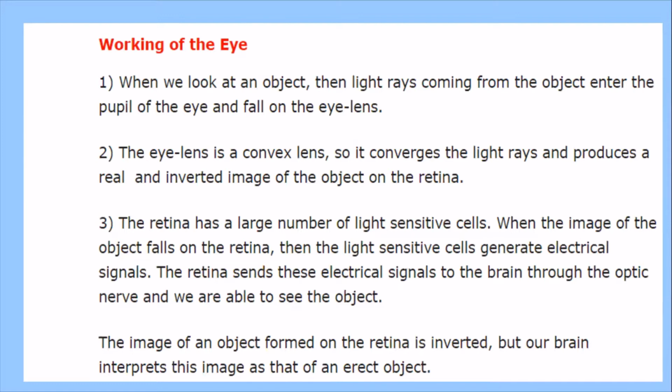When the image of the object falls on the retina, the light-sensitive cells generate electrical signals. The retina sends these electrical signals to the brain through the optic nerve. Hence, we are able to see the object. The image of an object formed on the retina is inverted, but our brain interprets that image as the straight or upright image of the object.